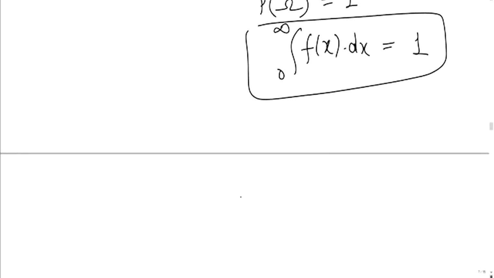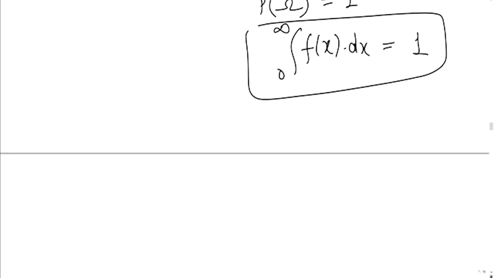So for continuous cases, we are not going to define a probability mass function. What we will do is assume a probability density function. A probability density function is a function that assigns probability densities to the values of your random variable. It does not assign probabilities. What is probability density?